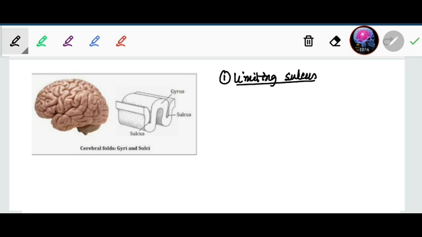The limiting sulcus is one which separates two different functional areas. Functional areas refer to areas of cerebral cortex which are supposed to control a particular function of the body.